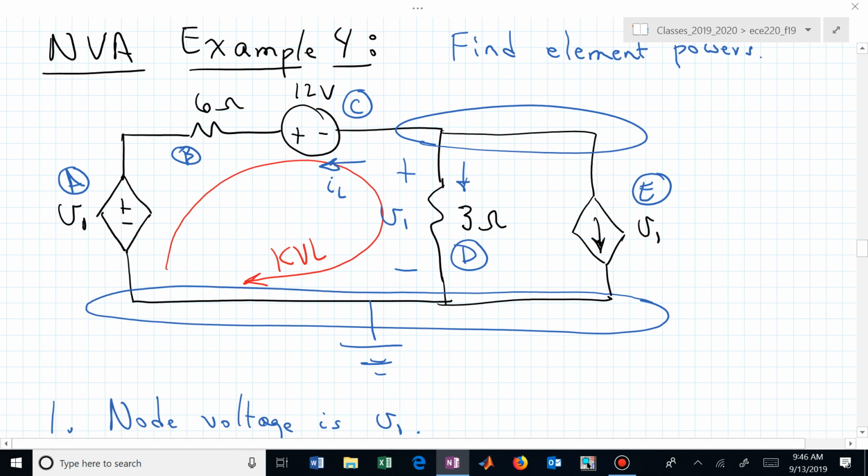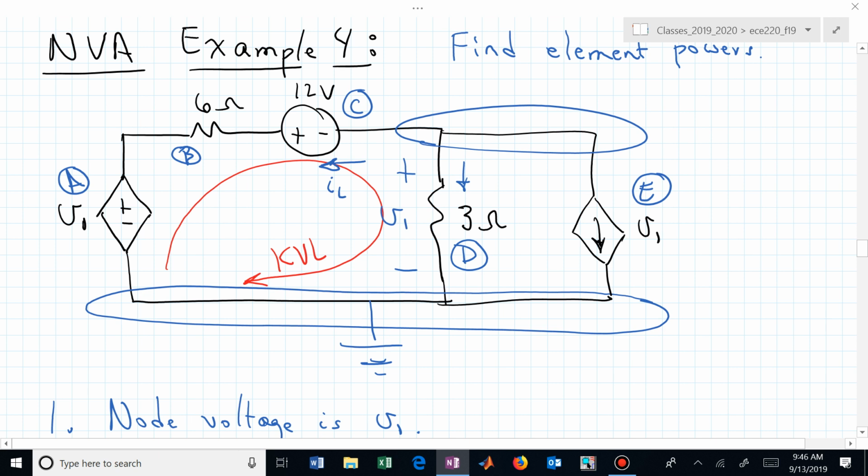What is the power of A using the passive sign convention in terms of the voltage of that dependent source and the current? What's the passive sign convention going to be? What's the voltage that we're going to use? V1. What's the current? We said I sub L.